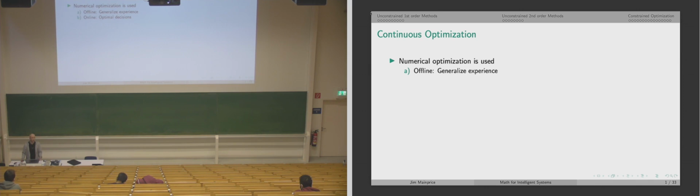Optimization can also be used online, and that's the idea of making optimal decisions. You model your problem, like a trajectory optimization problem for instance, with a cost function, and then you're trying to find a solution that minimizes the cost that you associate with a certain problem. In the linear algebra lecture, we saw an optimal decision problem that we could model with a linear combination of equations, and there's a closed form solution.